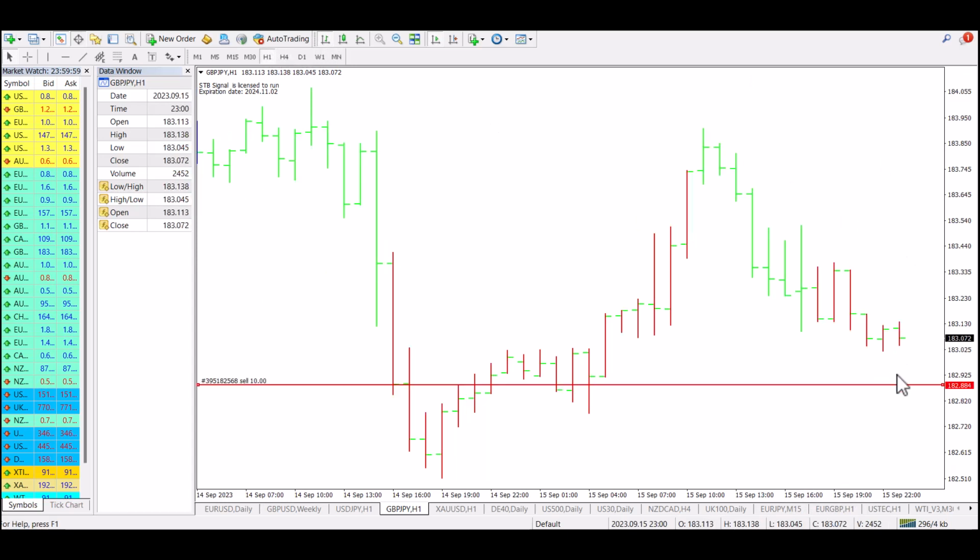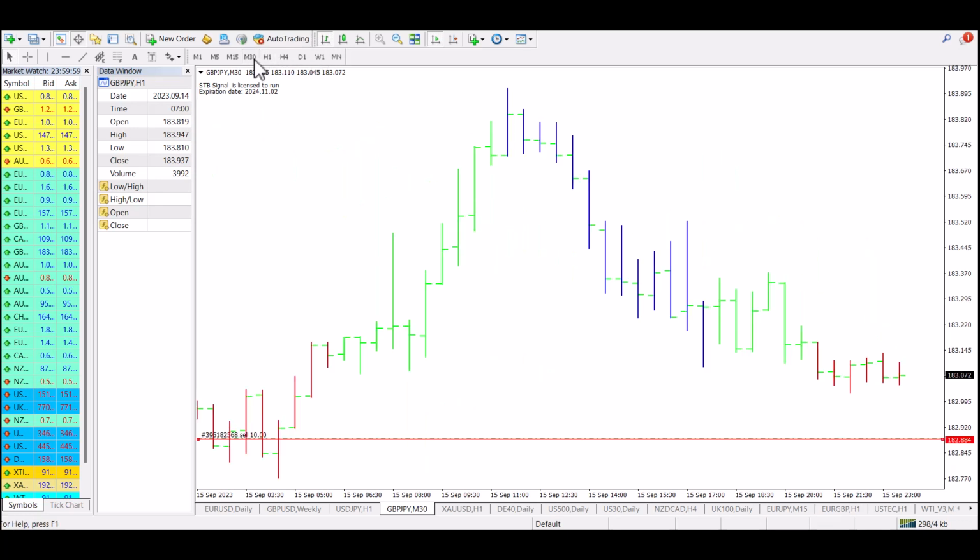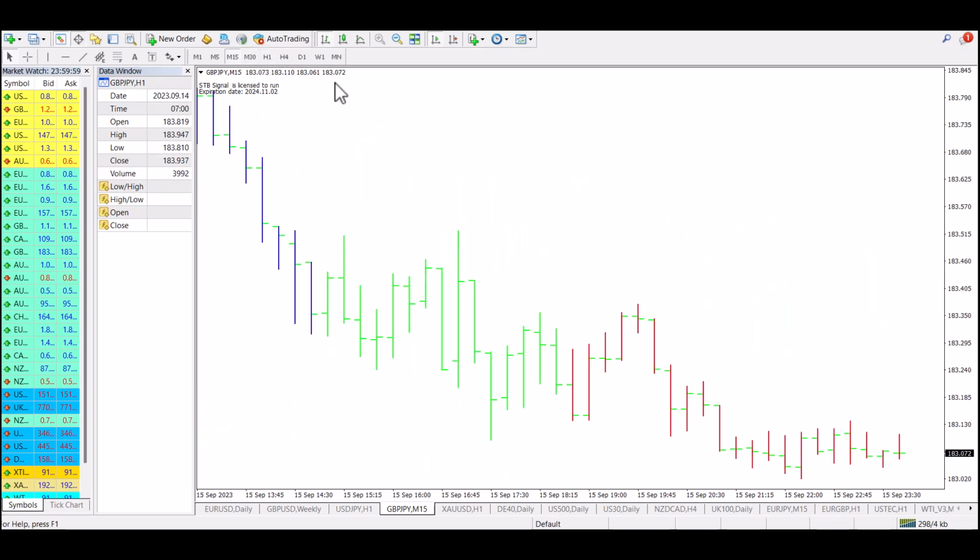Again, we have got the red price bars in the 1 hour chart. We've got red price bars in the 30-minute chart. We've got a lower price action trading pattern low on the 15-minute chart. So all in all, everybody, the pound dollar looks very much like a sell signal.